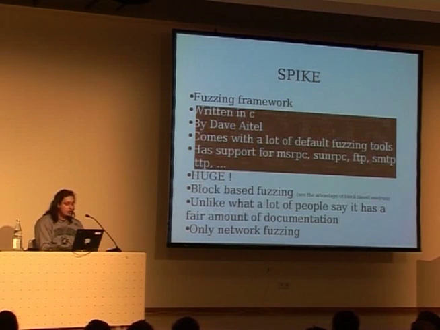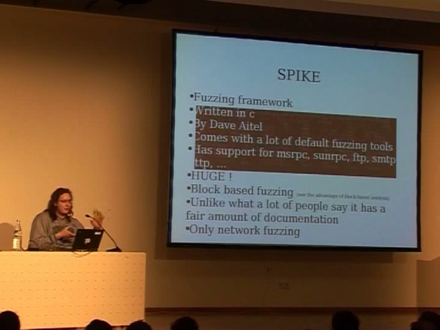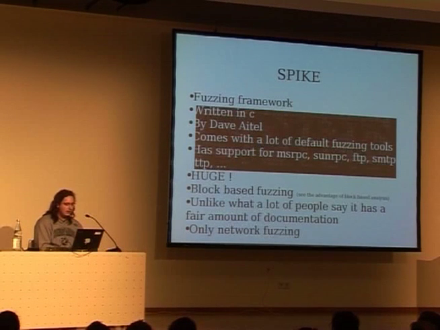Spike is a huge tool. It's really cool. It uses block-based fuzzing, which means that if you've got a protocol, you can split it up in several blocks and then start fuzzing from a specific block.